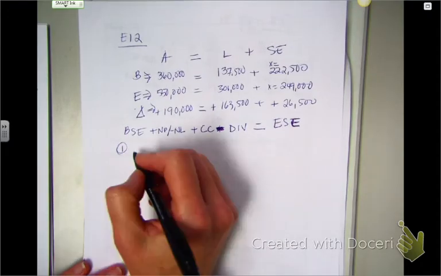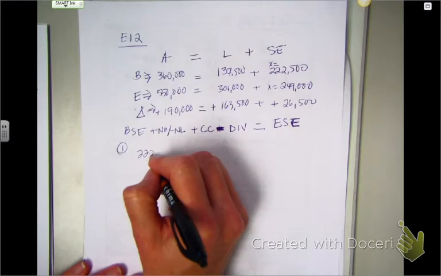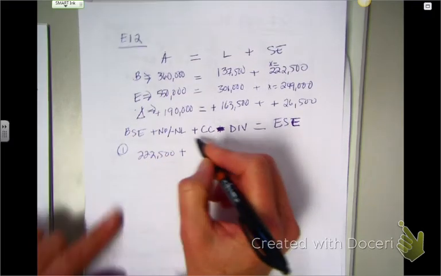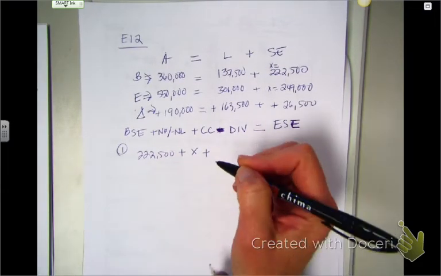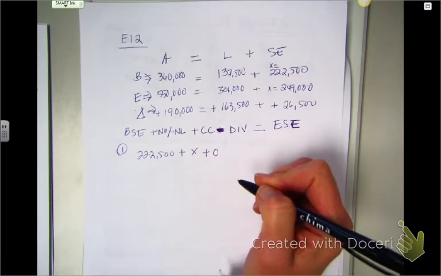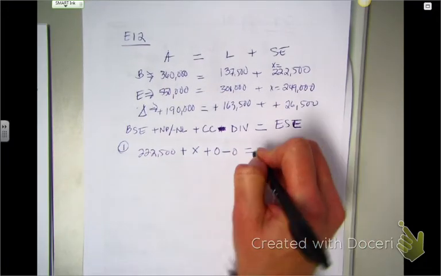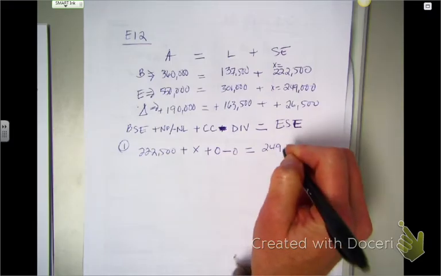So, in this case, we know beginning stockholders' equity was $222,500. We're solving in all of these for net income or loss. In this one, it says we made no investments, so contributed capital is 0. And we made no dividends. That's minus 0. Our ending stockholders' equity is $249,000.